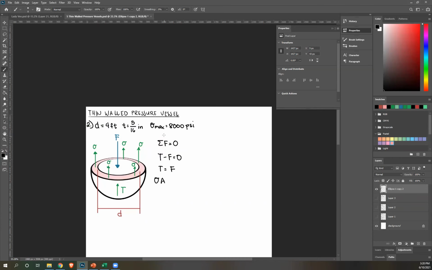Why? Pi d is the equation for the perimeter of a circle. This is a circle, right? And then, to get the area of a ring, it's just pi d, perimeter of your circle, multiplied by the thickness of this tank. So it's pi dt. So pi a becomes sigma times pi dt.